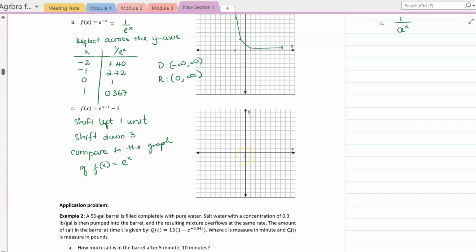So shifted down 3, our horizontal asymptote now is at y = negative 3, and it shifted to the left by 1 unit.